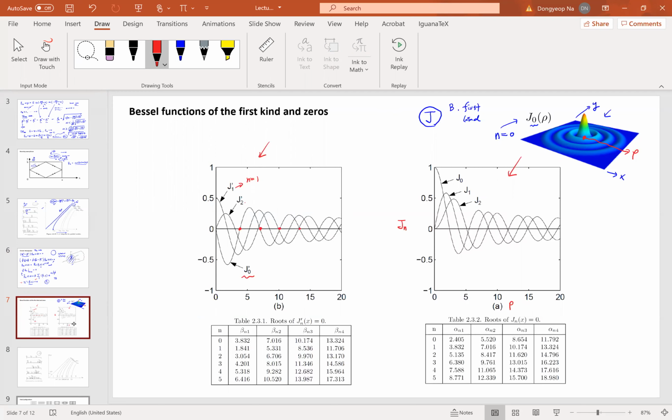So this zero crossing information is included in this table.